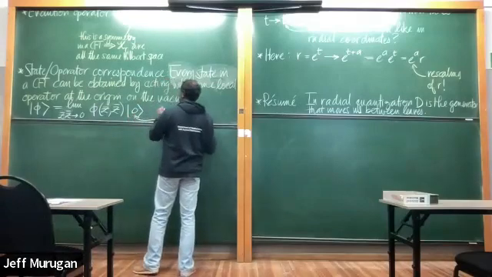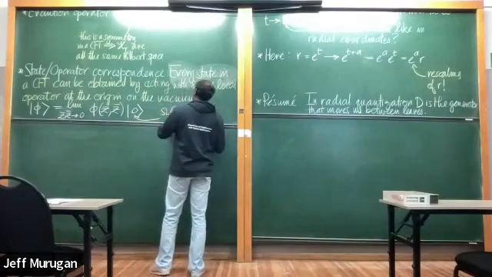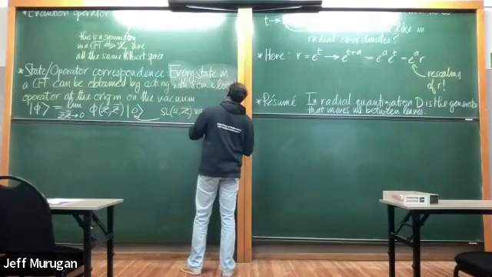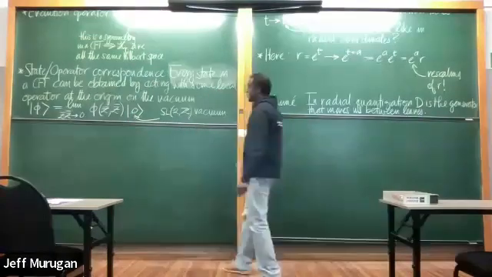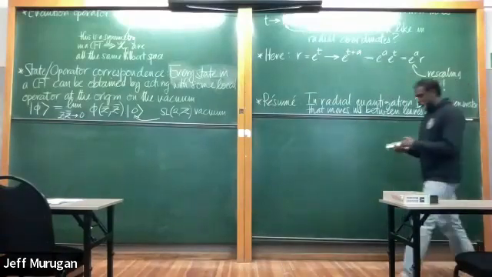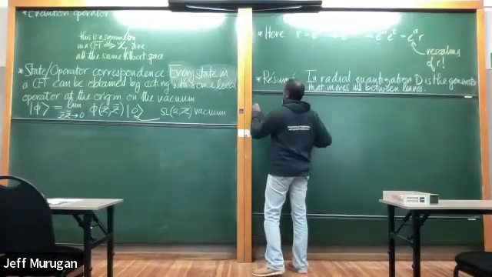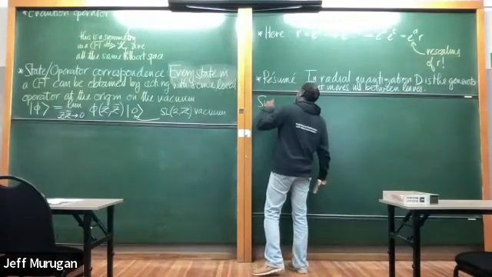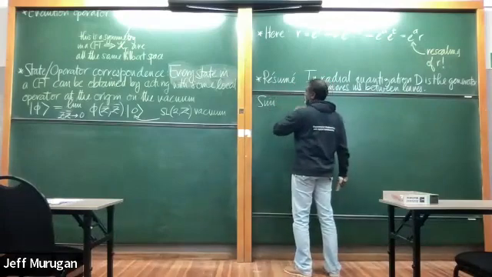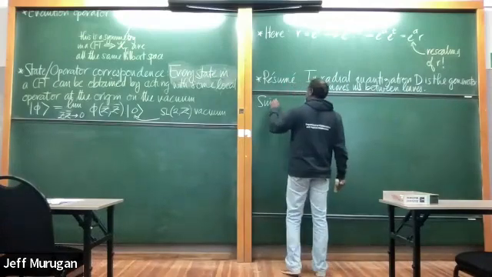This is the SL2Z vacuum. So this tells you how to associate a state to an operator, but vice versa, I can also associate an operator to a given state.